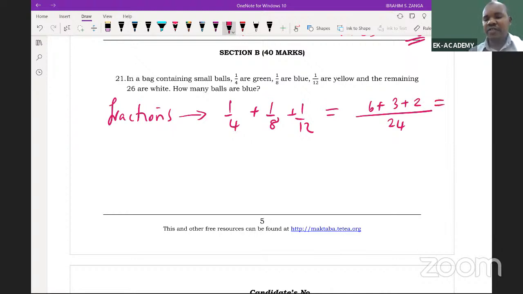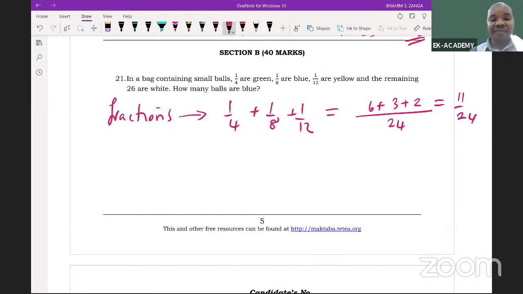And the result is going to be 6 plus 3 plus 2. You get, actually, you get 11/24. So the remaining 26 are white.